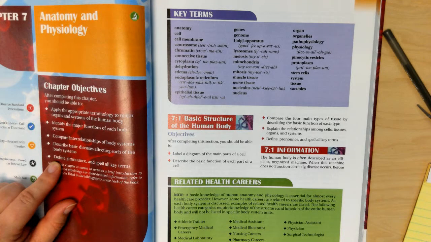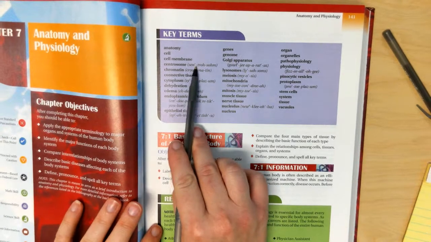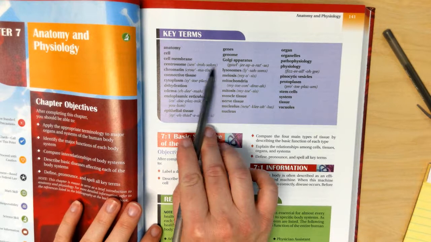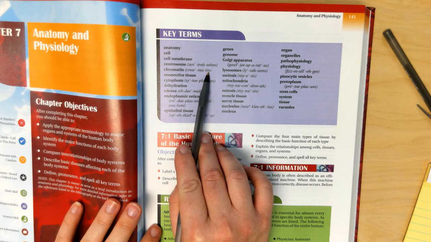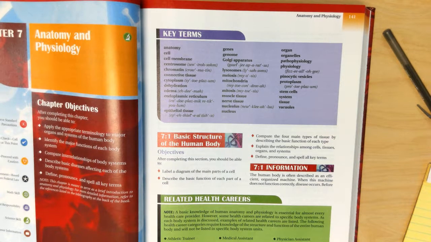Or you can go to dictionaries and they'll show you the phonetic spelling so that you can say it out loud based on how it's spelled phonetically. One example of that is centrosome. Centrosome. Chromatin. Chromatin. Those are phonetic spellings, where it sounds it out through spelling it.